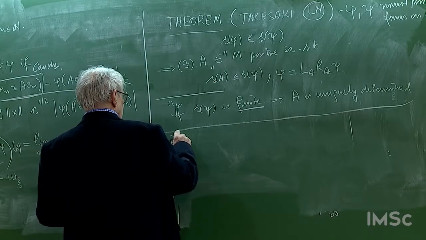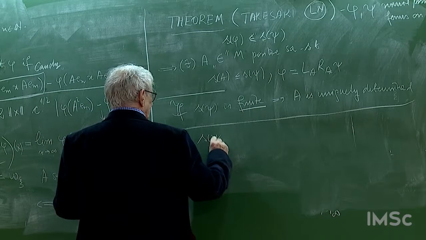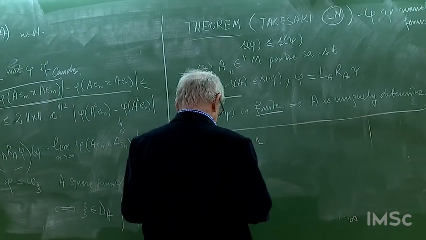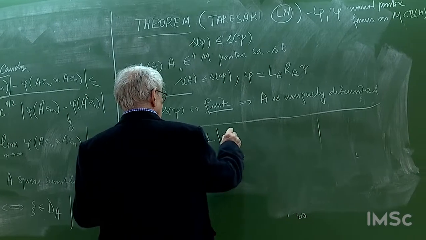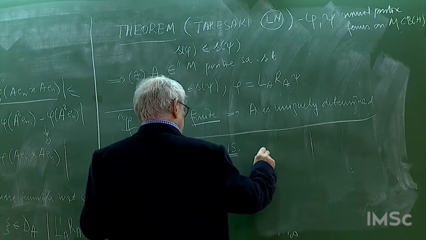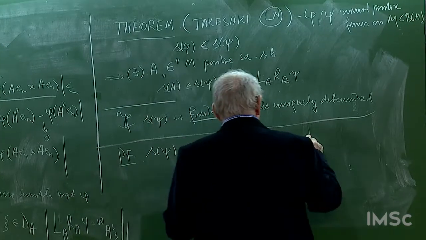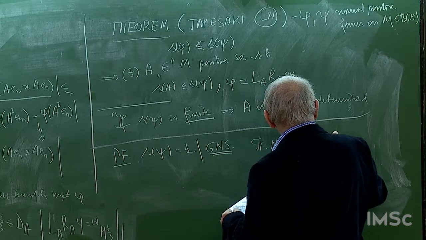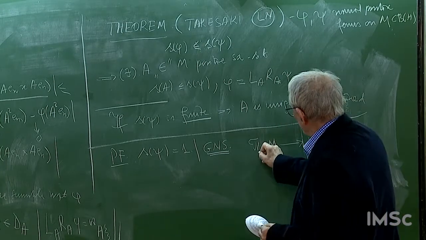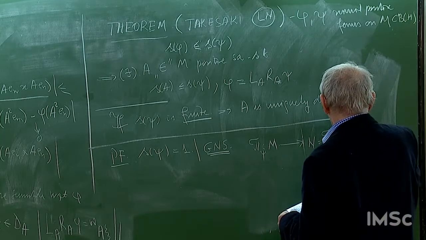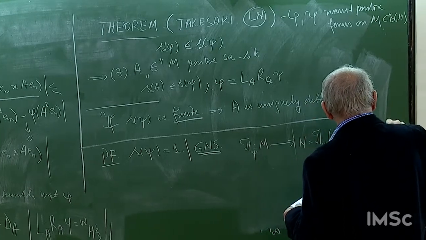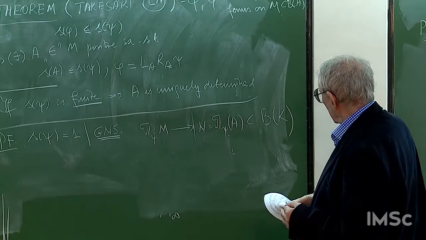Of course, we may assume that the support of psi is equal to 1 because everything happens under the support of psi. Okay. And we use the GNS construction so that we get an isomorphism P psi from M to N, a von Neumann algebra, which is P psi of M, included in B of K, because H is already busy.